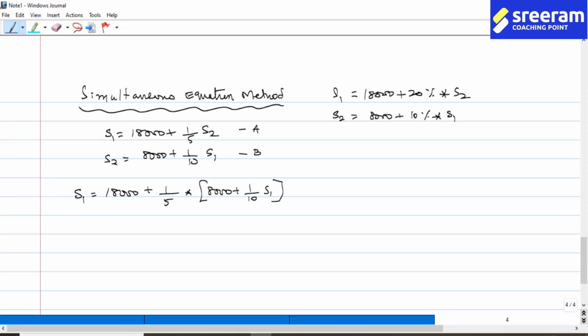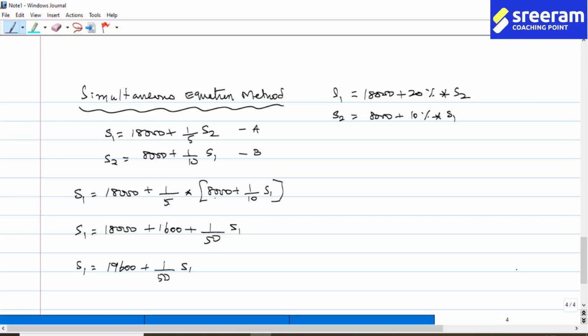Correct? Everything will be in terms of S1. 18,000 plus 1 by 5 on 8,000 is 1,600, plus 1 by 50 of S1. So S1 equals 19,600 plus 1 by 50 of S1.